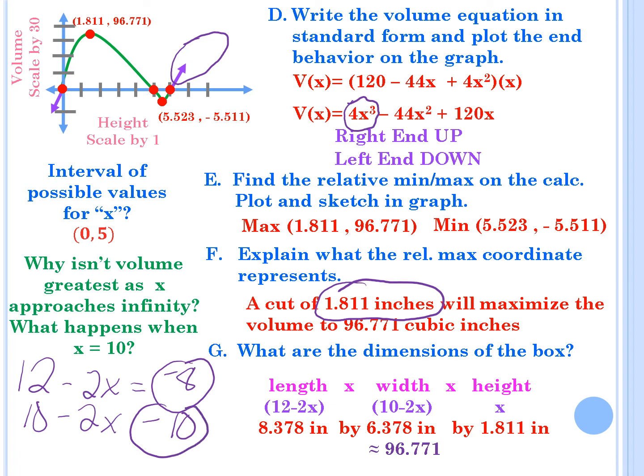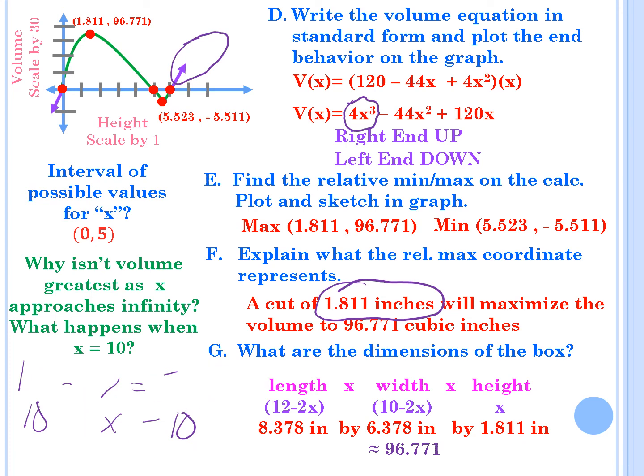So anything beyond that last zero, yes, it looks like if we look at the volume as a whole, it would be positive. But when we take those side lengths, like let's say I cut 10 off of each end, then that's going to produce a negative side length. And we can't have negative side lengths. It doesn't work that way.